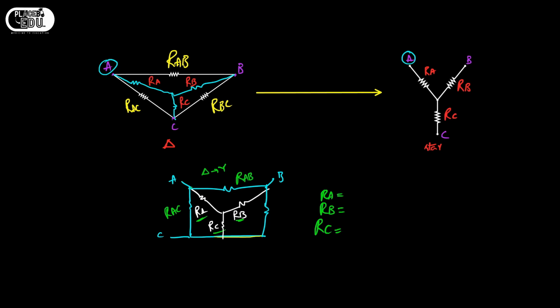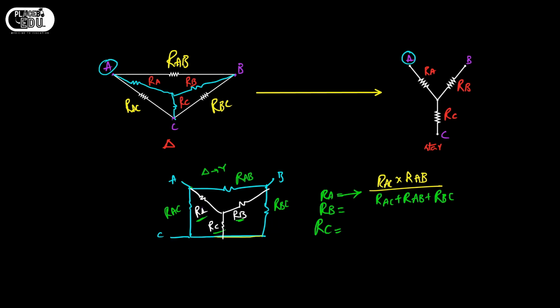So we have to write the product of the two resistors, RAC into RAB, as numerator, and for the denominator we have to add all the resistors. Understood? So what I have to do, I have to add all the resistors. This is RA. It is clear, I think.